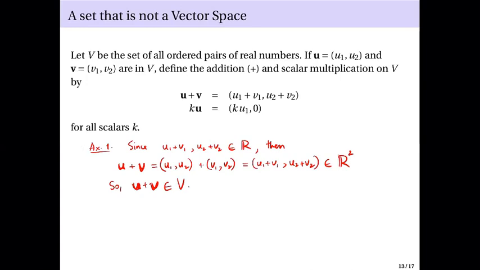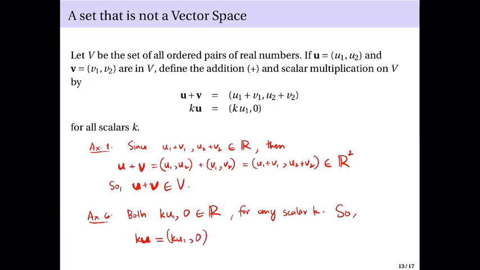For axiom 6, both k, u1, and 0 are real numbers, for any scalar k. So you will have ku. This is just ku1, comma 0, according to the definition of scalar multiplication.